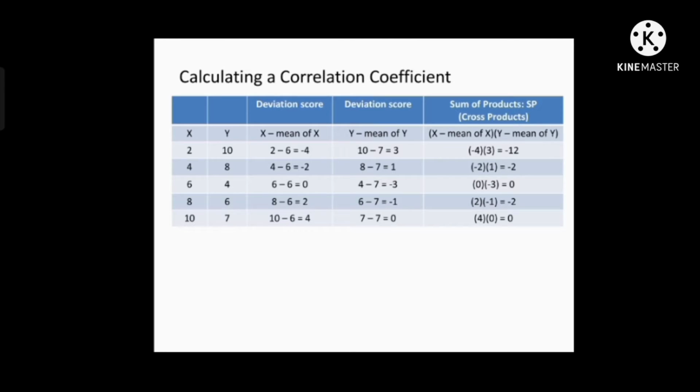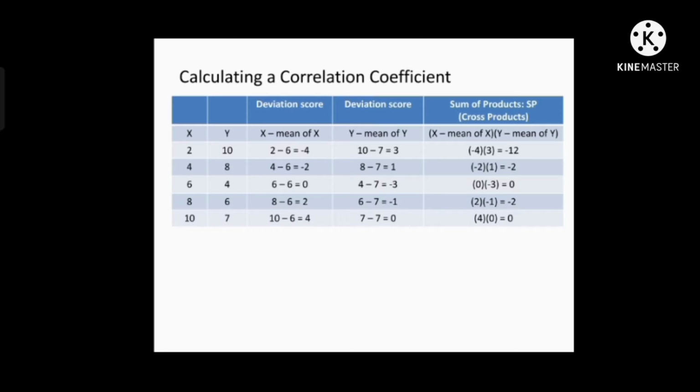So as you can see, the deviation score is 2 minus 6 equals negative 4. As in the previous calculation, these are the results. So let's proceed to the sum of products, or SP.